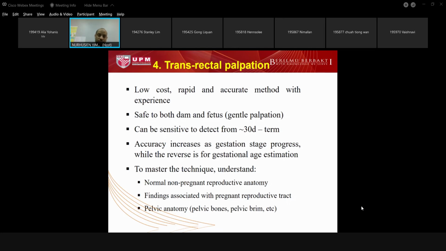And it is also safe, both to the dam and to the fetus, as long as you do it in a systematic way and with gentle manipulation. It can be used to diagnose pregnancy even early during the gestation period, as early as 30 days post AI, which is very early.